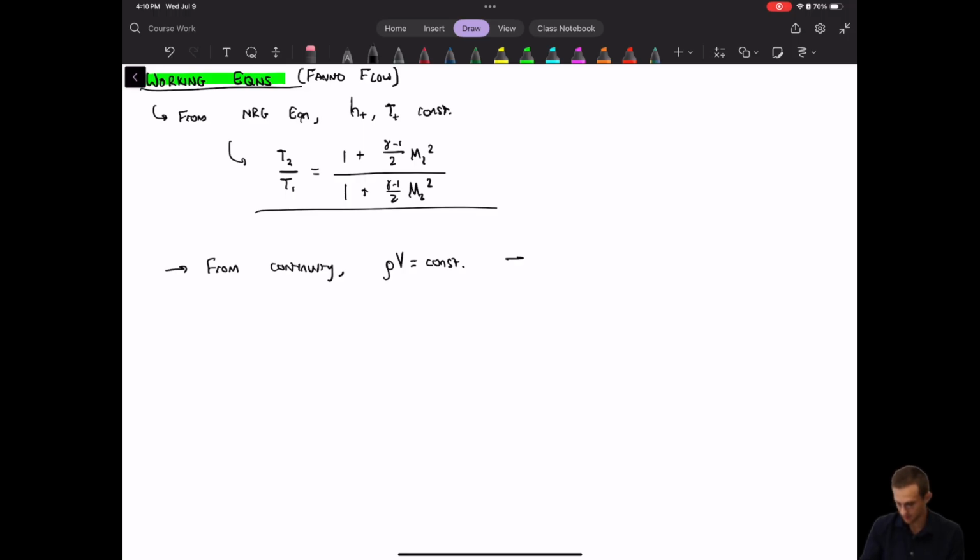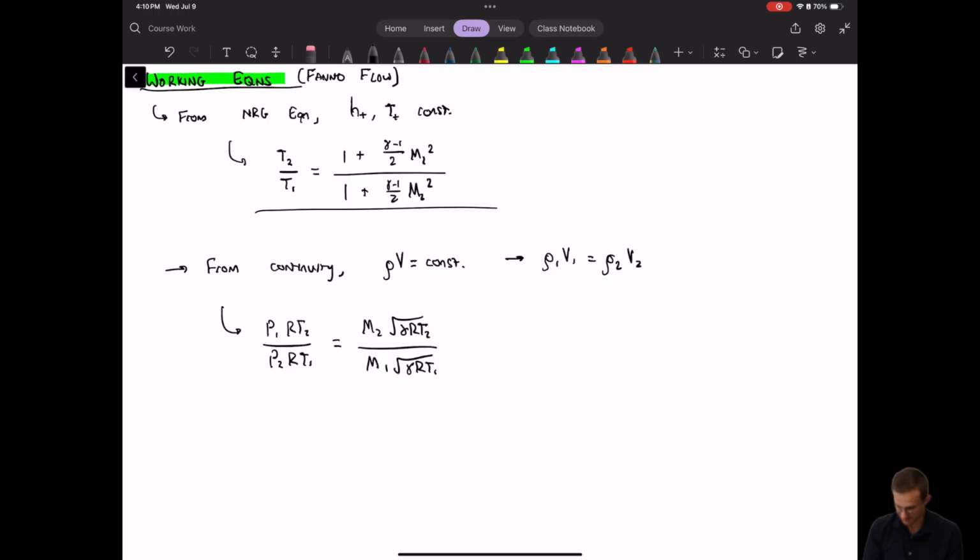So we know that rho 1 v1 is equal to rho 2 v2, and subbing in our ideal gas equation of state and our relationship between the velocity and the Mach number, we can obtain the pressure ratios by looking at P1 RT2 over P2 RT1 being equal to M2 square root of gamma RT2 over M1 square root of gamma RT1.